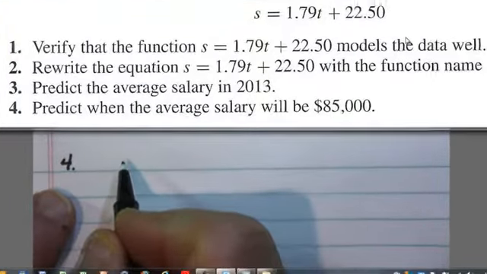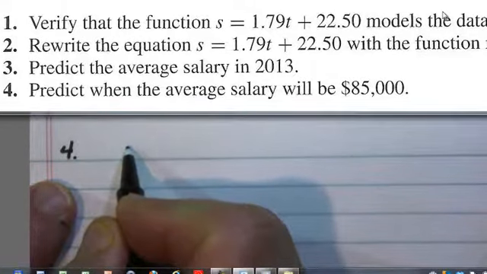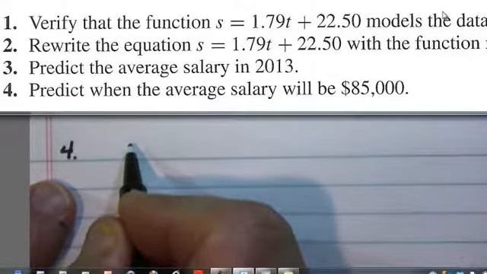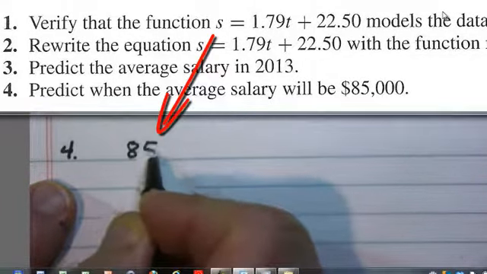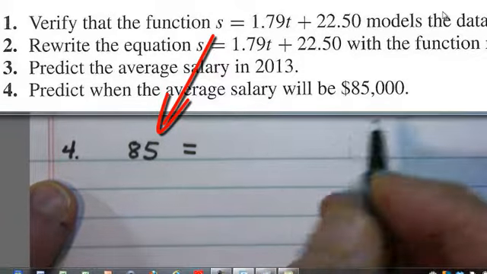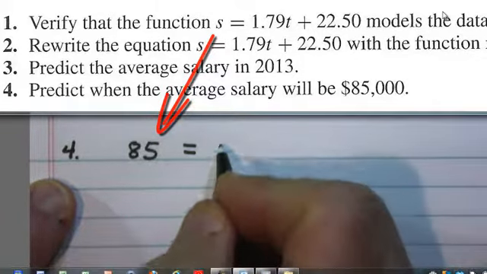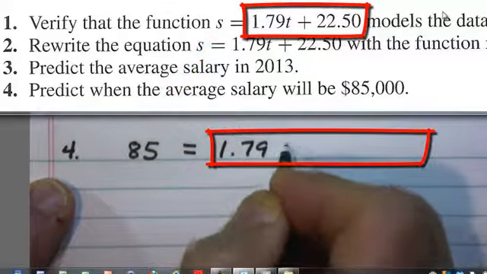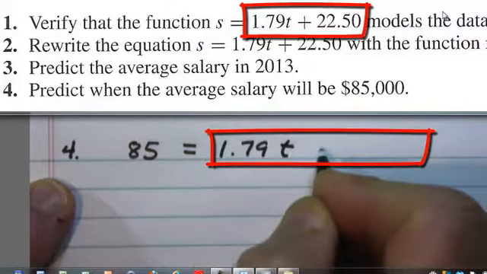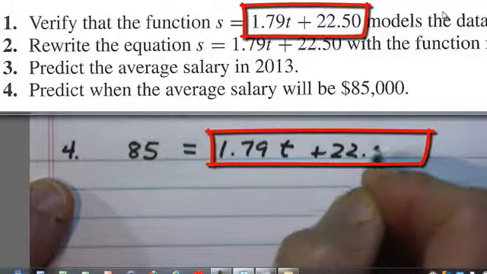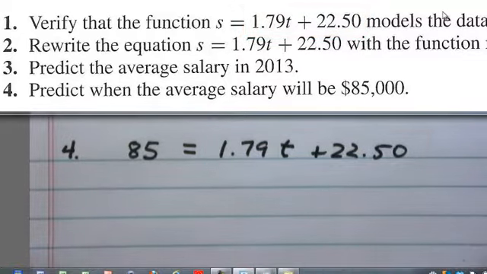So all we would need to do is substitute the 85,000 in for that. But recall that the s was given in thousands. So instead of 85,000, I would put 85 down. 1.79t plus 22.50. So to find when or what year the average salary is 85,000, I would solve that.